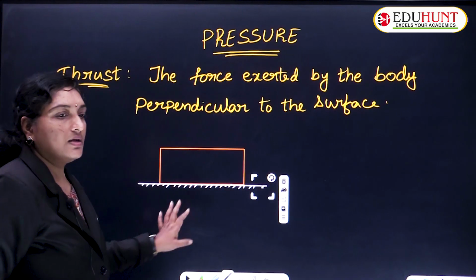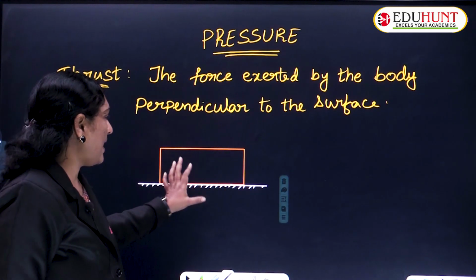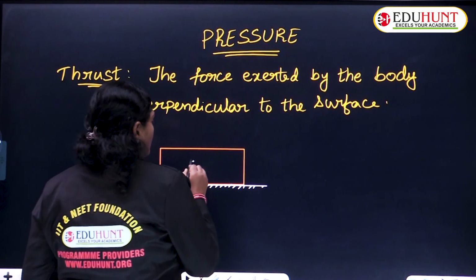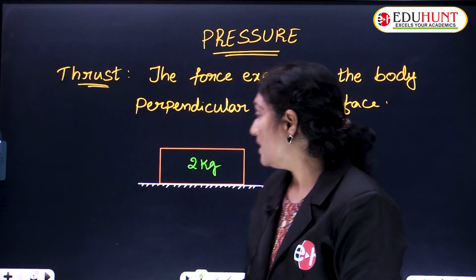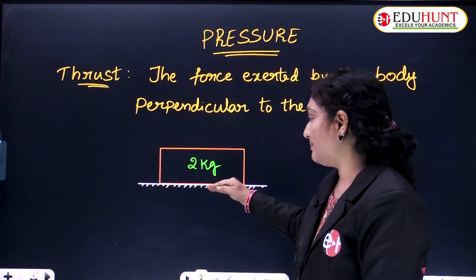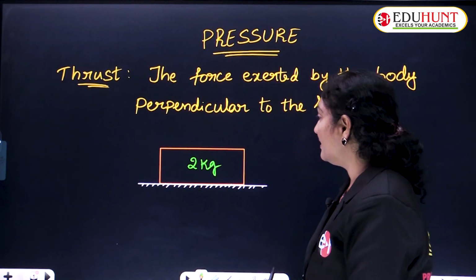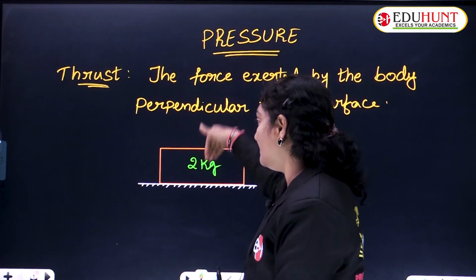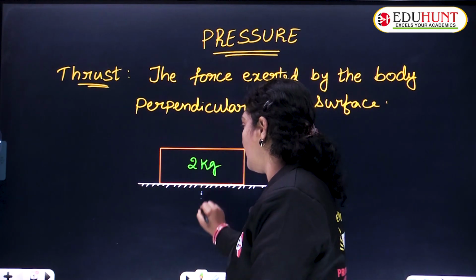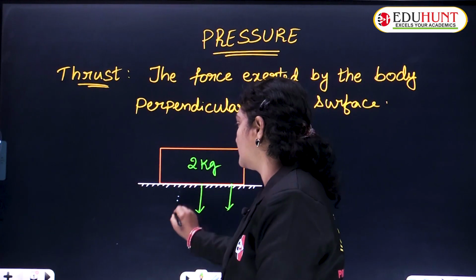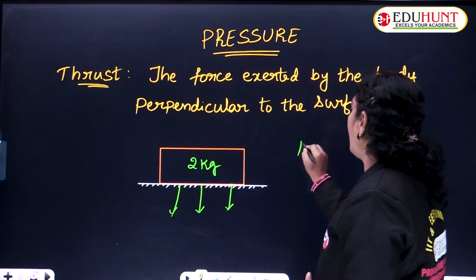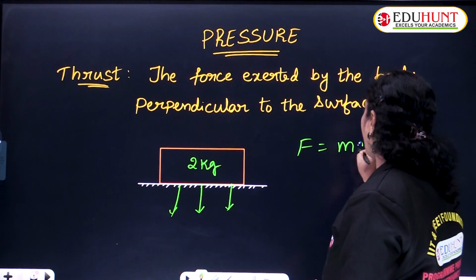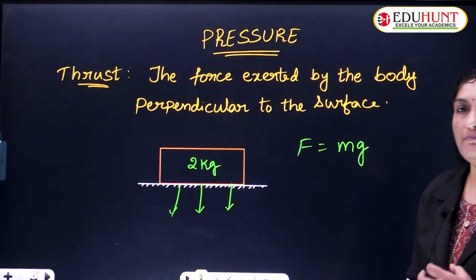Let us consider that the mass of the body is 2 kg. Whenever this body is kept on the surface, it exerts some downward force on this surface. And how much force is it? That downward force is nothing but the weight of the body, given by mg.